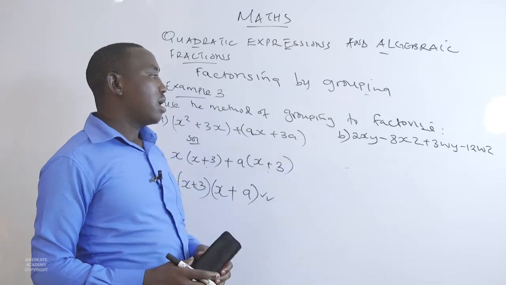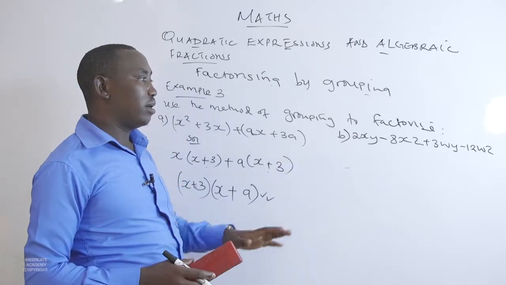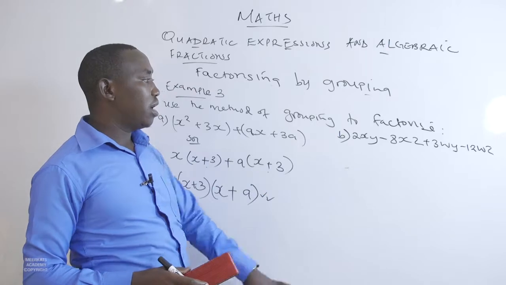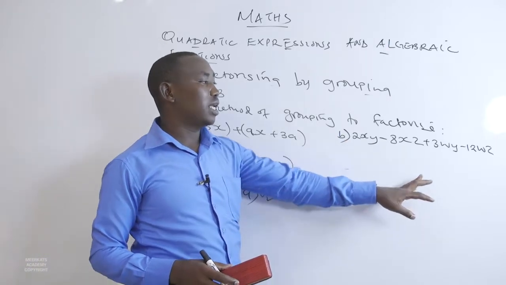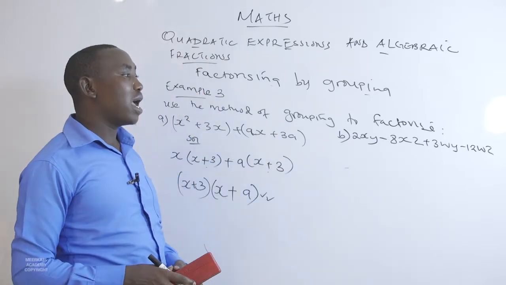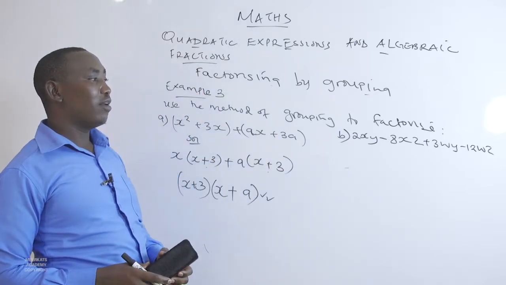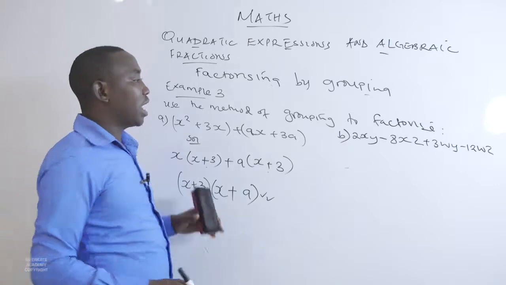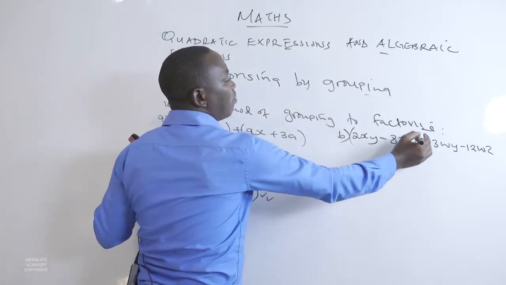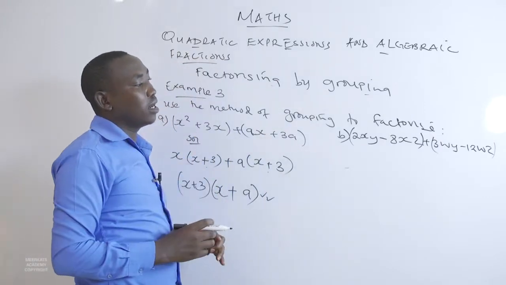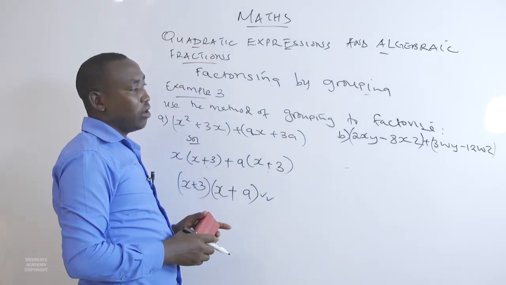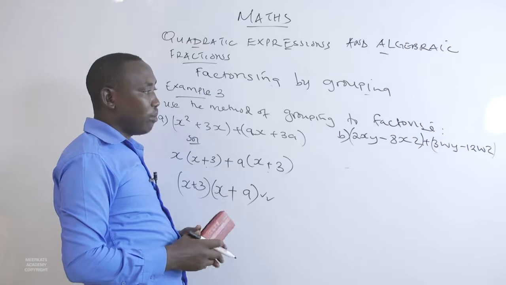In the second expression, we have got 2xy minus 8xz plus 3wy subtract 12wz. So again, this one we can easily pair because we are going to have a common factor in each of the pairs.